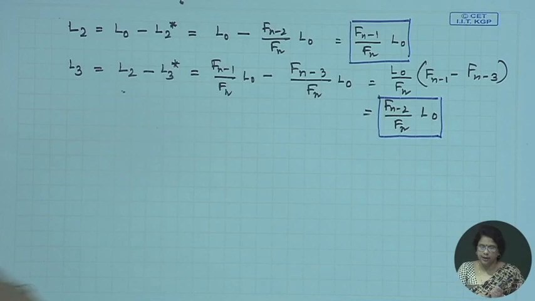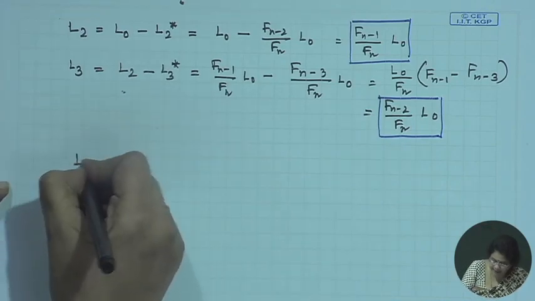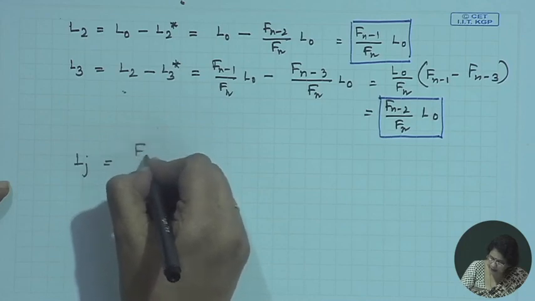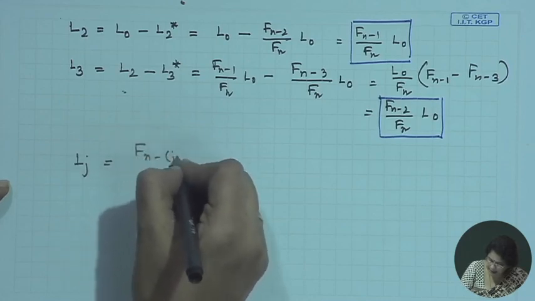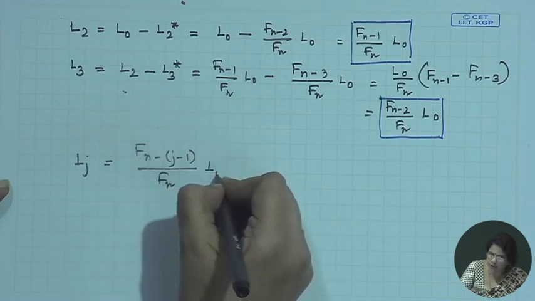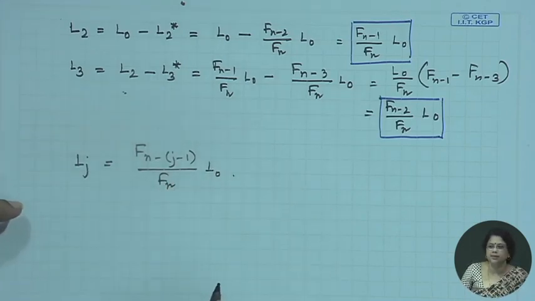Let me go to the jth. Lj is equal to Fn minus j plus 1 divided by Fn L0. Got it?